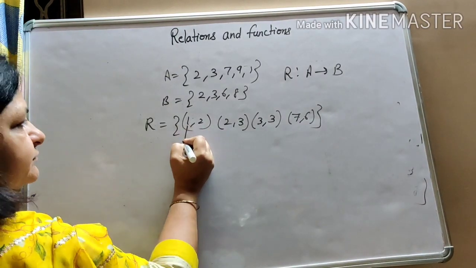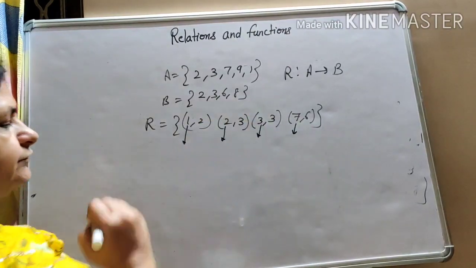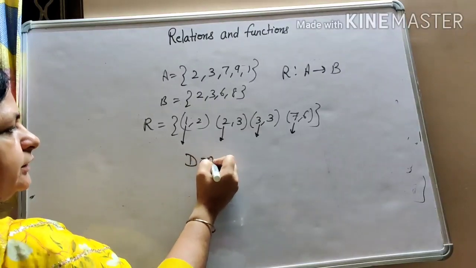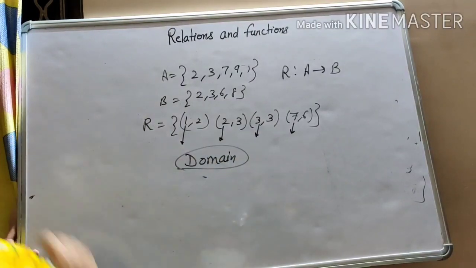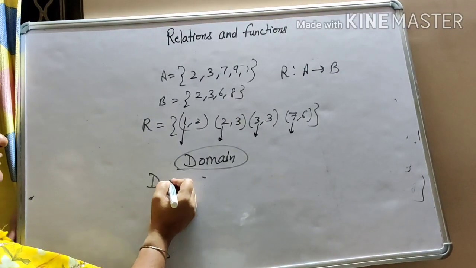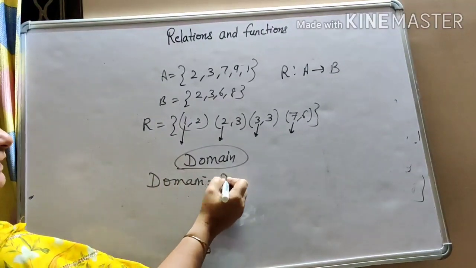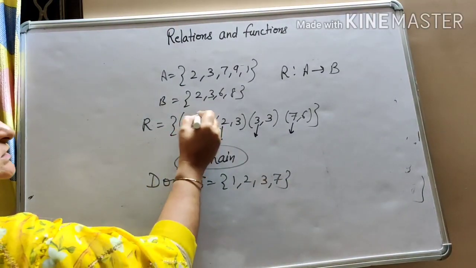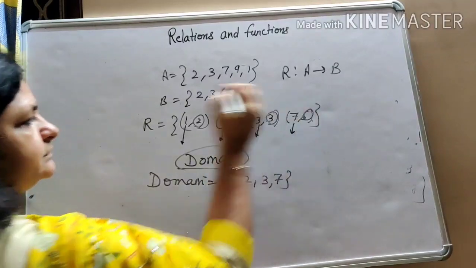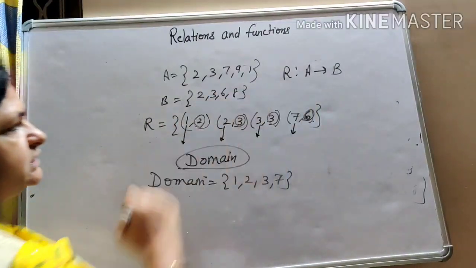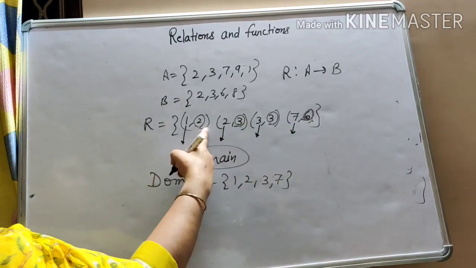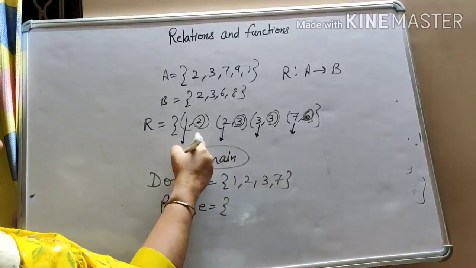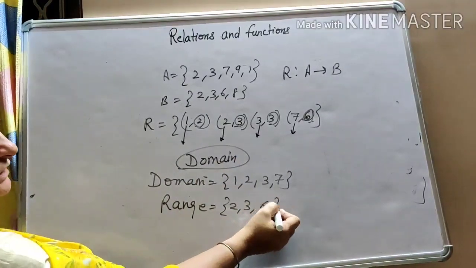Now these first components, or we can say first element of this relation, are called domain of this relation. So domain of this relation is 1, 2, 3, 7. And these second elements of set B, these second elements of this relation are called range of this relation, 2, 3, 6.